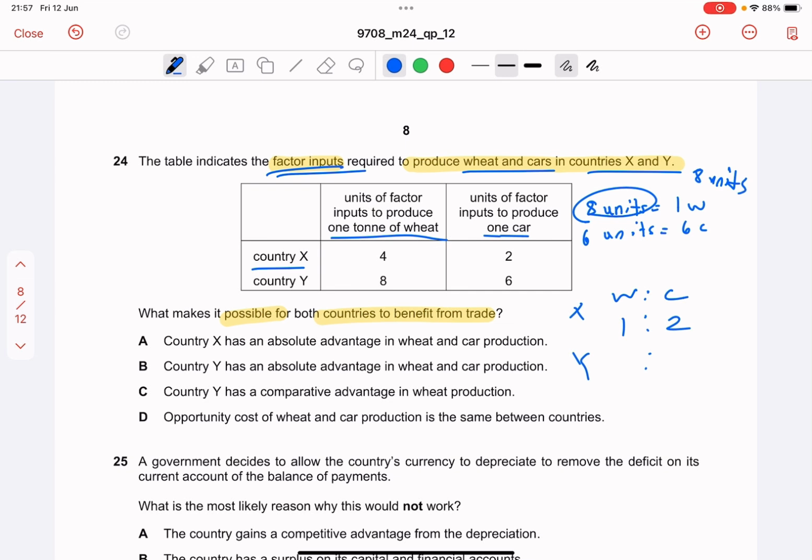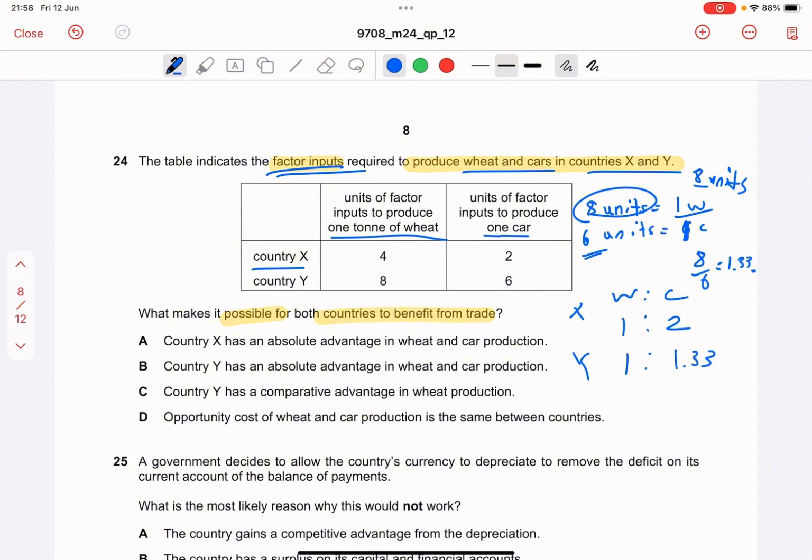So if we input 8 units, we can get 1 unit of wheat. But it takes 6 units to produce 1 car, therefore 8 divided by 6. You get 4/3, which in decimals is 1.33 something, but we'll just go with 1.3.